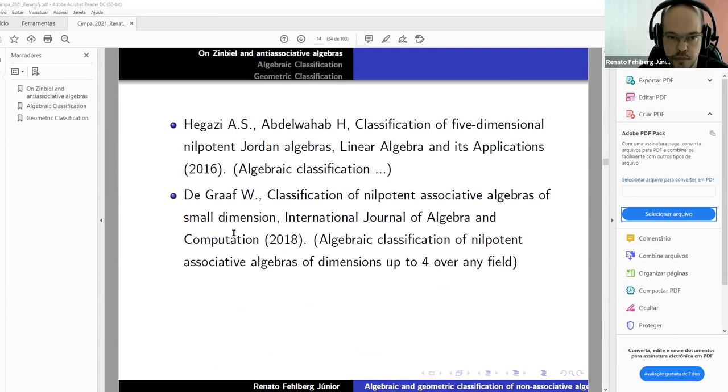And in this paper by de Graaf, it was an algebraic classification of nilpotent antiassociative, nilpotent associative algebras of dimension up to 4. Here over any field.